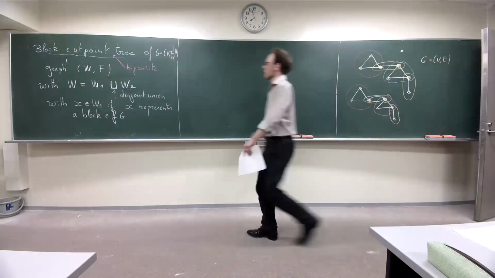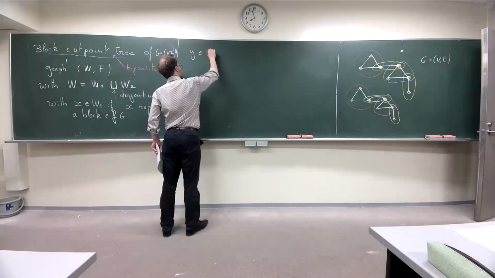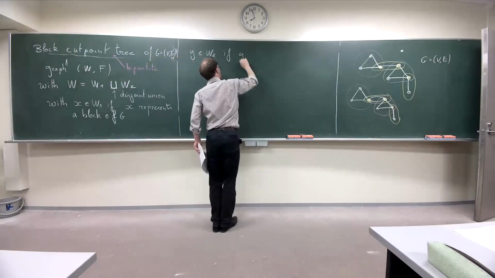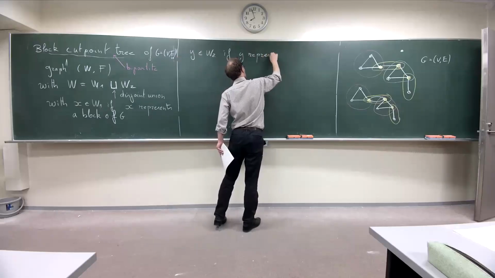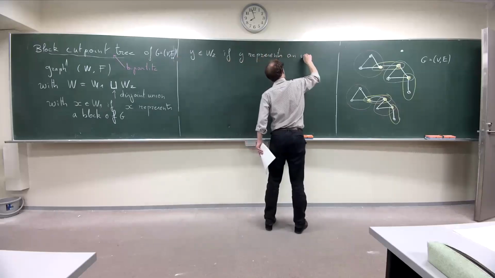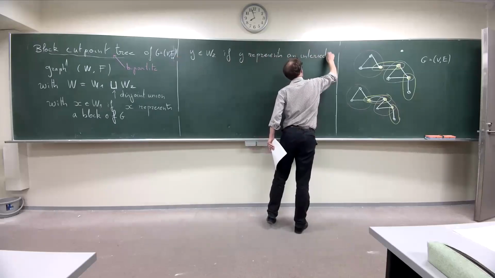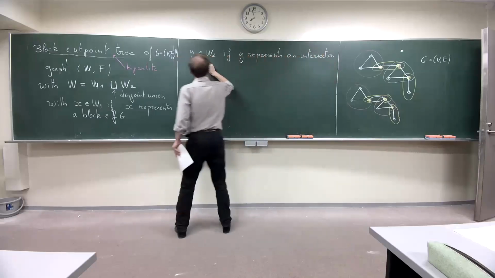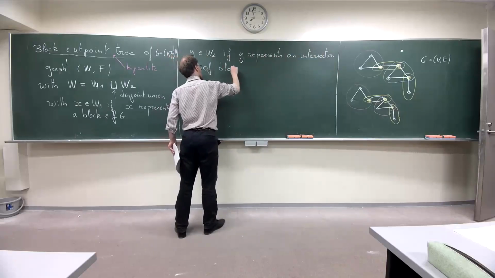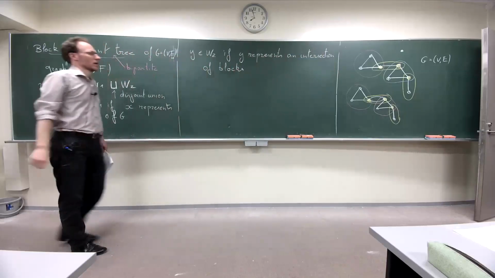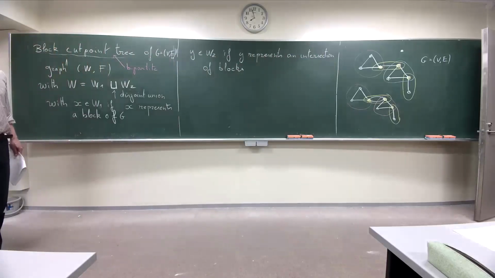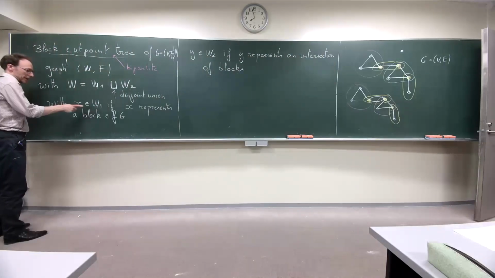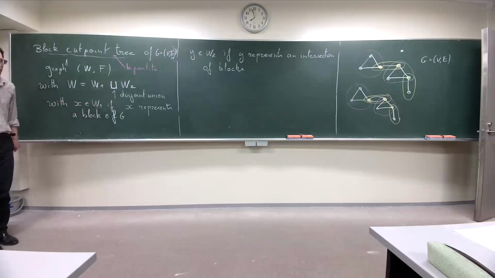So Y belongs to W2 if Y represents an intersection of blocks. I guess we can have an intersection with more than 2. So again, points in W1 are going to represent blocks.